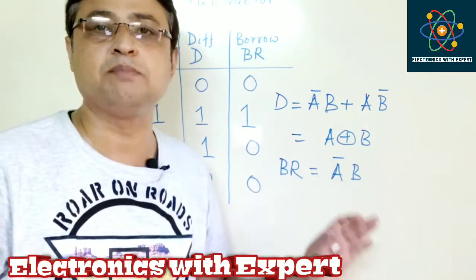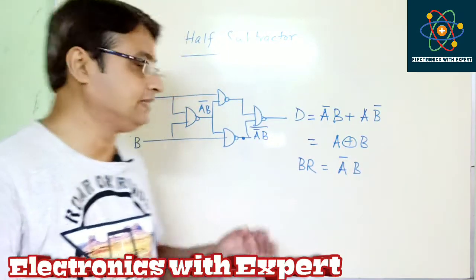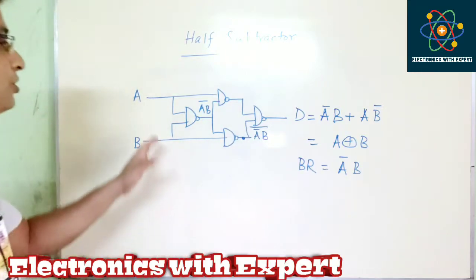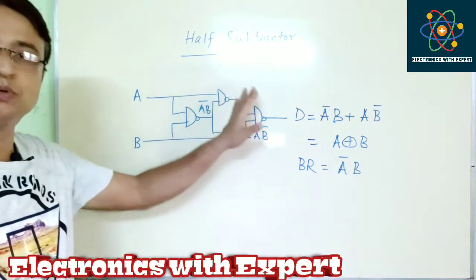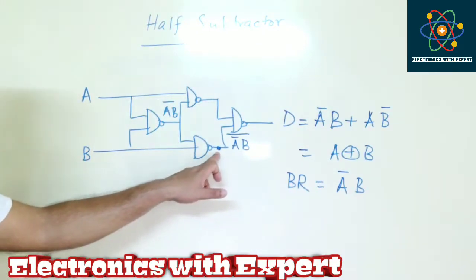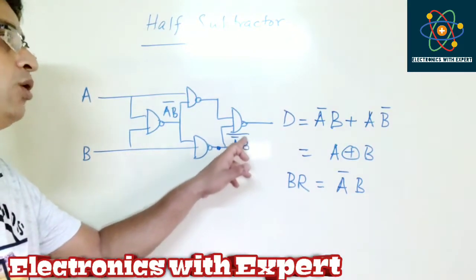Let's draw the circuit by using NAND gates only. Now as you all know, this is the XOR circuit using NAND gates. So this is our difference output circuit, and just note it carefully that from this point we are actually getting A bar B whole bar.